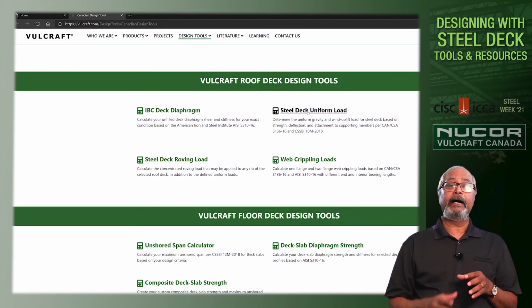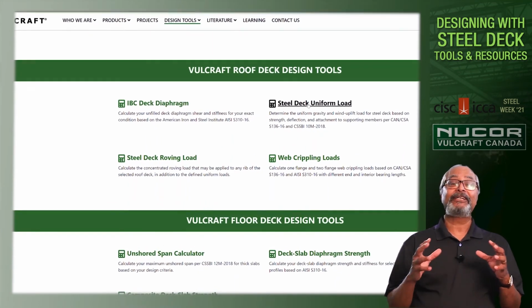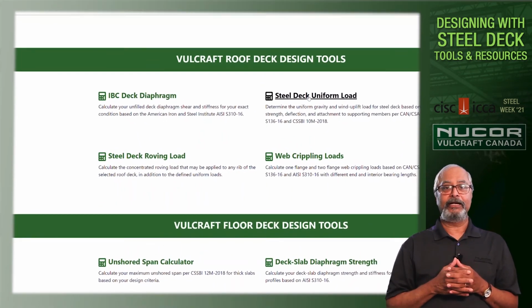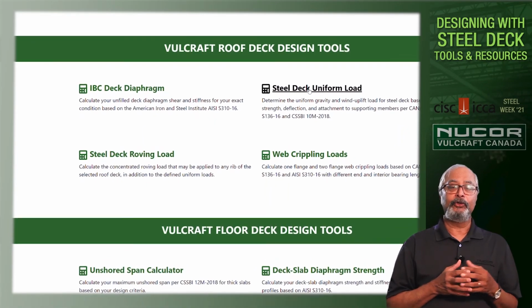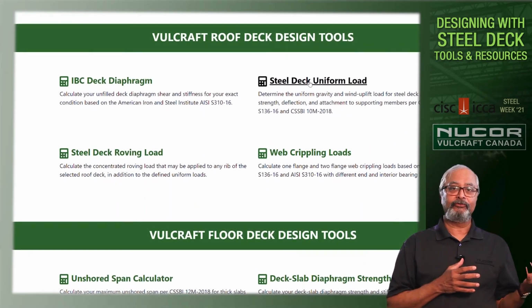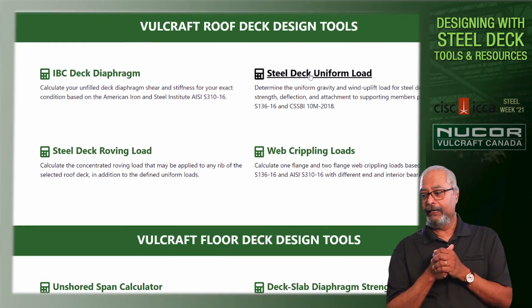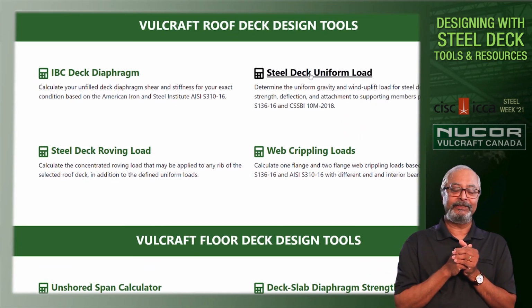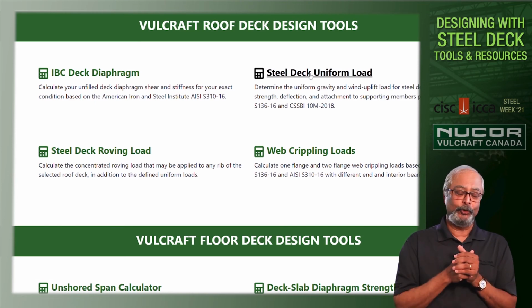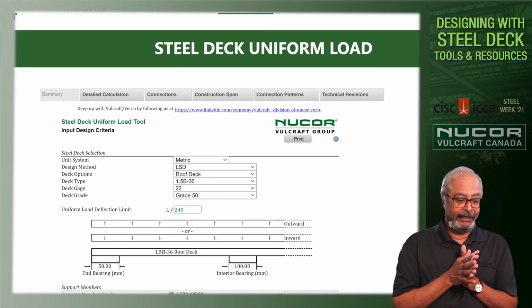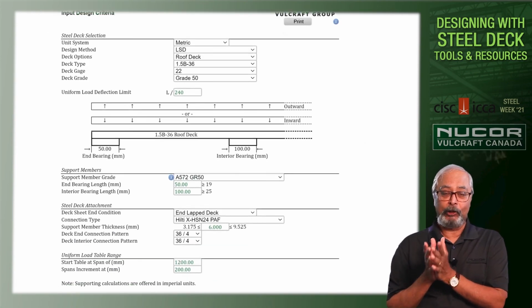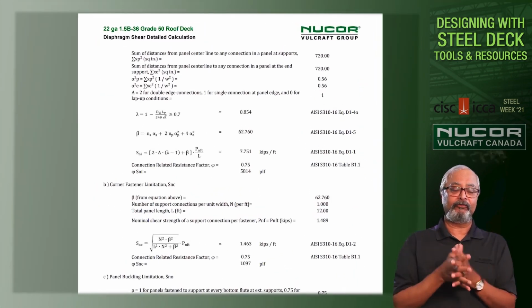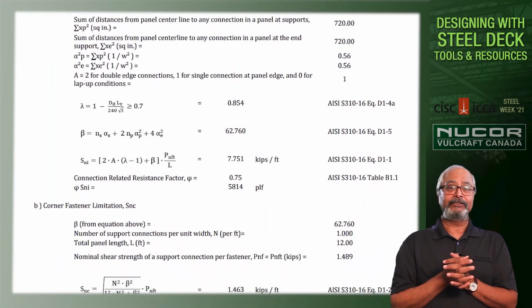Once at the deck design tools site, you have a choice of looking at the diaphragm design calculations, especially in the roof, and then the steel deck uniform load calculations and printing out your customized set of data.